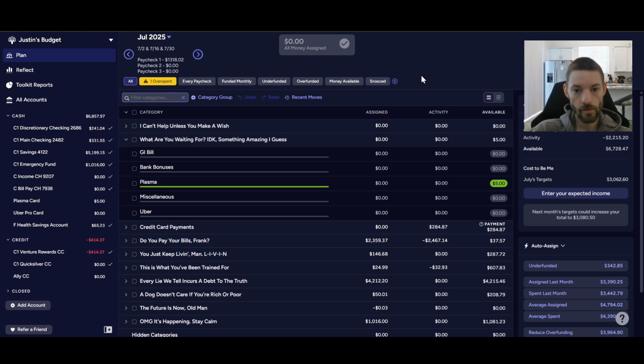I don't want to get rid of this group only because there are times when I don't want to have money sitting in my ready to assign, but I'm not ready to actually assign it to a category in my budget. So I use this group to kind of hold on to that money. As you can see, I have $5 on my plasma card.